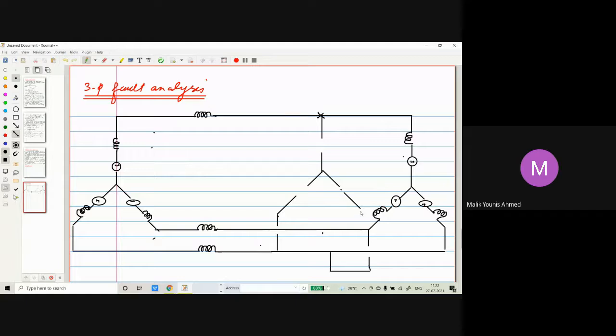Okay, so this will be connected. So let us draw the reactance of this one.